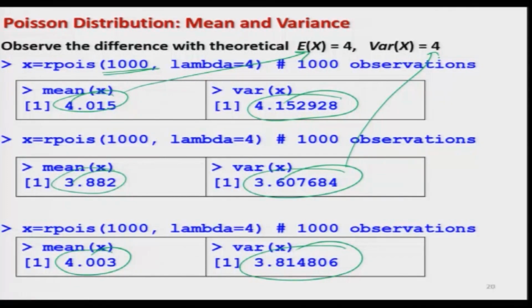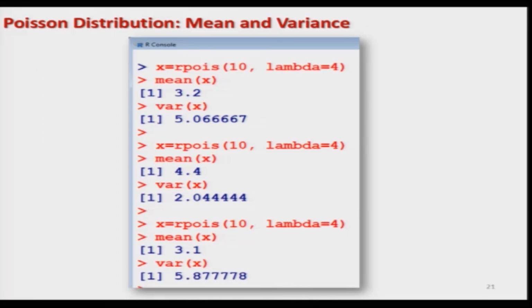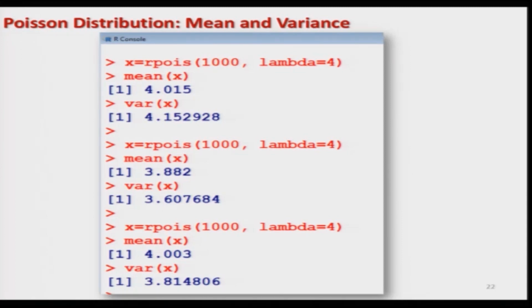But if you increase it more, it will become even closer to the true value. So these are the types of observations you will get from such simulation experiments. These are the screenshots of the same outcome which I have just shown you.